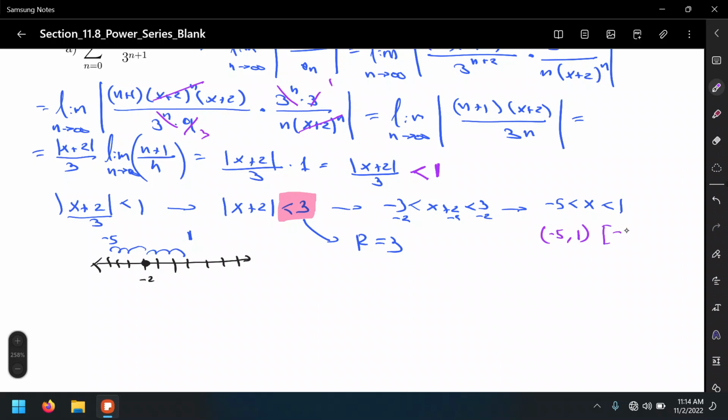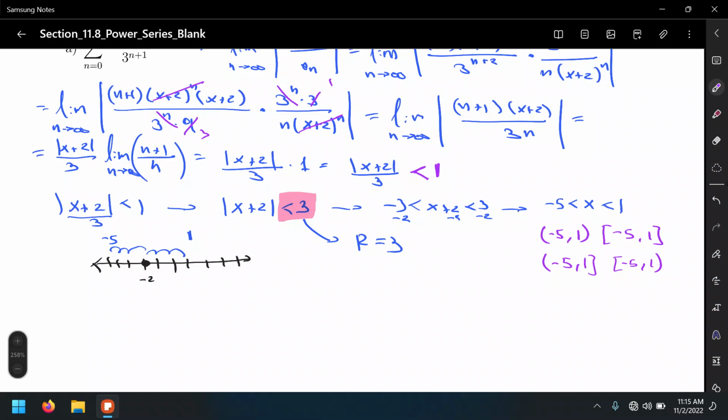Another possibility is negative 5 to 1, both inclusive, or inclusive on the upper endpoint only, or the reverse, inclusive on the lower endpoint and exclusive on the upper endpoint. So we need to figure out which of these 4 answers is going to be it.